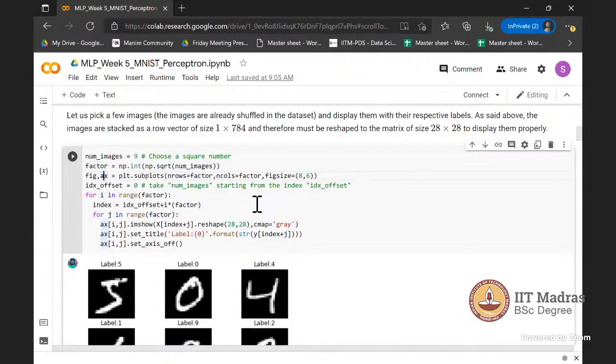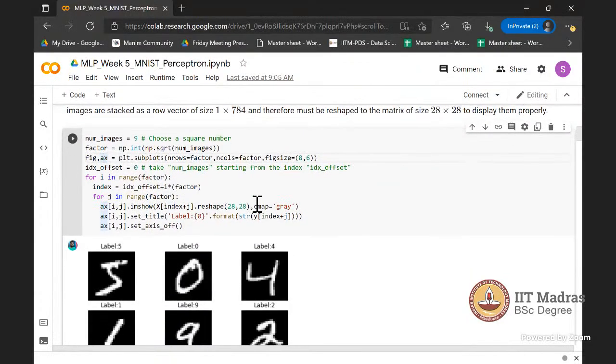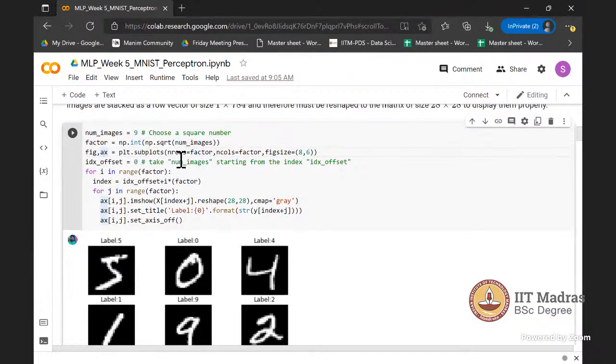Whenever you want to include multiple charts or multiple figures into a single figure, you use this pyplot subplots method. And this AX is actually an array of all those subplots. So number of rows and number of columns: this AX will be an array of 3 by 3, because the number of rows is going to be 3 and the number of columns is also going to be 3.